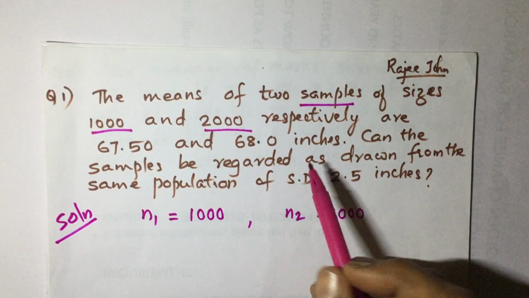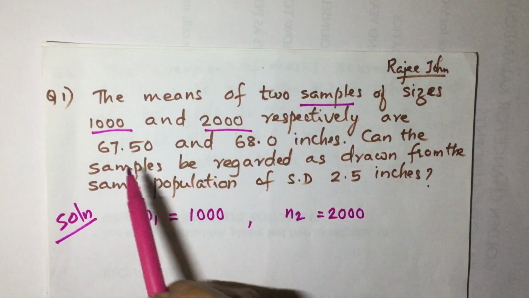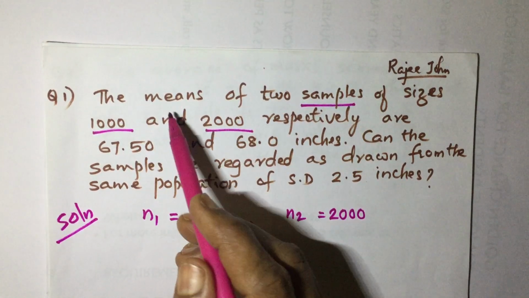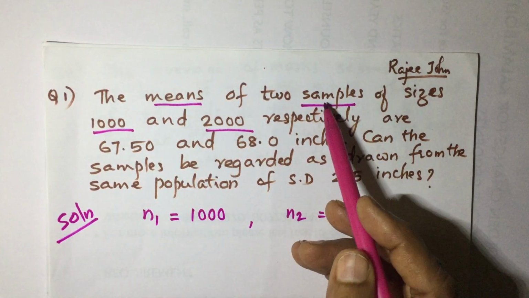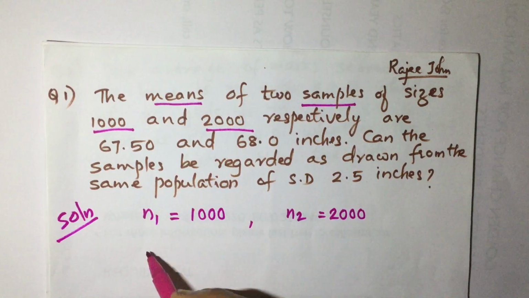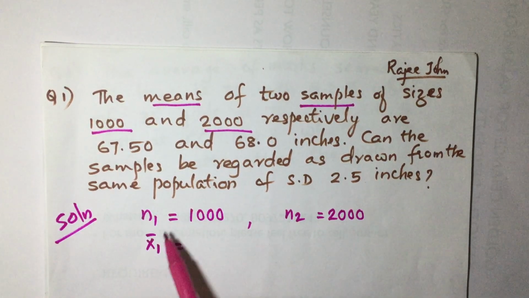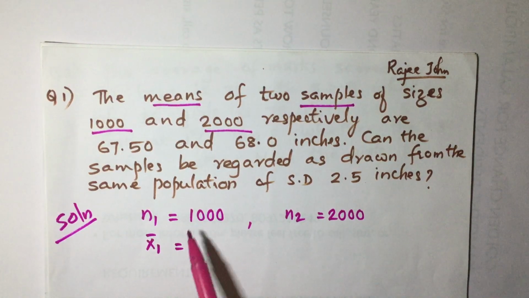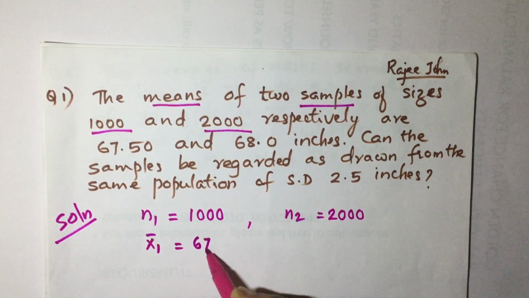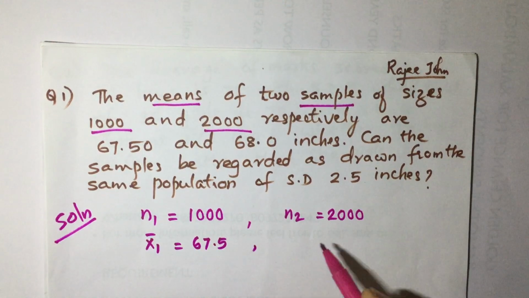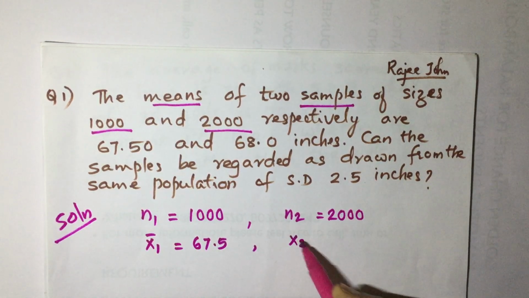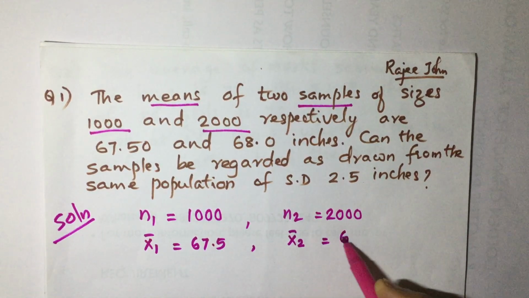Respectively are 67.5. That means the means of the samples are 67.5, that is, x1 bar, the mean of the sample with size 1000, is 67.5, and the mean of the sample with size 2000 is 68.